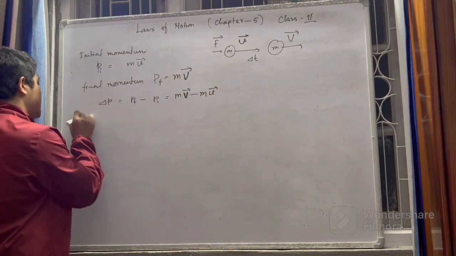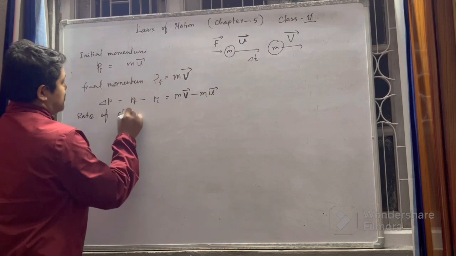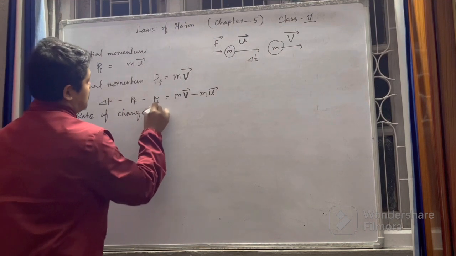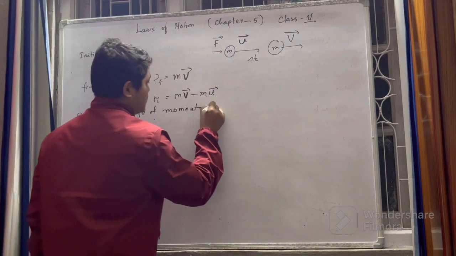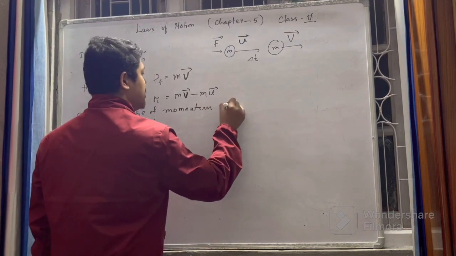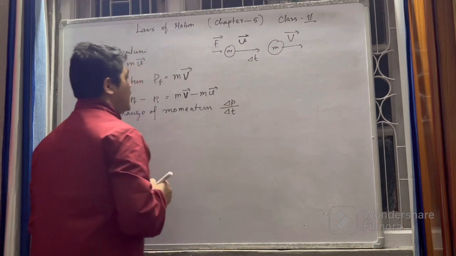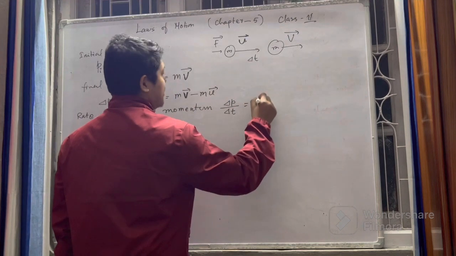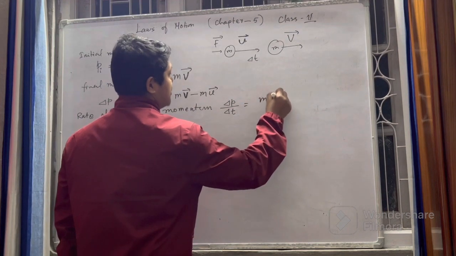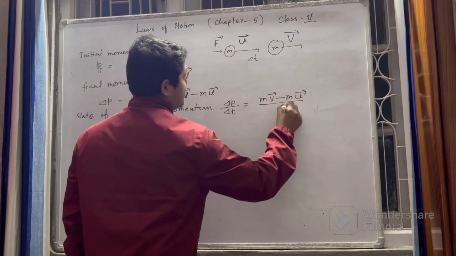So what will be the rate of change of momentum? That will be del p by del t, right? Del p by del t is going to be mv minus mu divided by del t.